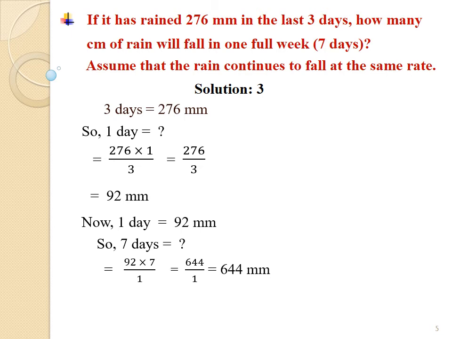Students, now let us convert 644 millimeters into centimeters, as we have to write the answer in centimeters. Thus, converting 644 millimeters into centimeters, we get 64.4 centimeters.